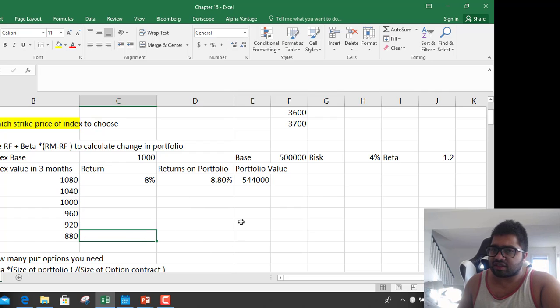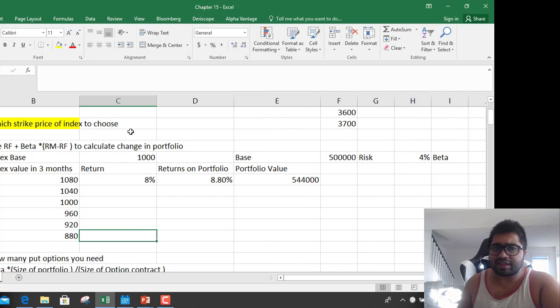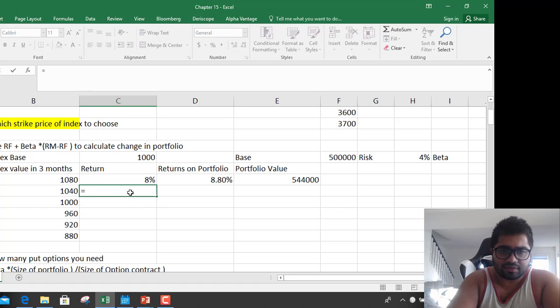Similarly, we'll calculate returns for different index levels. Then we'll calculate returns for the portfolio and we'll then have portfolio values. Then we'll come back to the question of which strike price to choose. So let's do that.